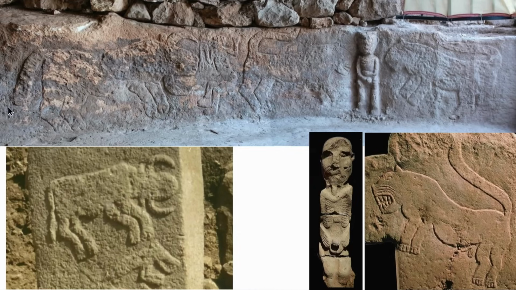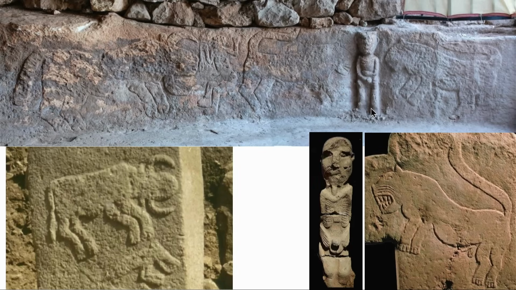And of course, these two engravings are very, very similar to the ones found in this fresco at Sayburç. This bull here is virtually identical, with its legs pointing forward like that and bent in the back. It's virtually identical representation.